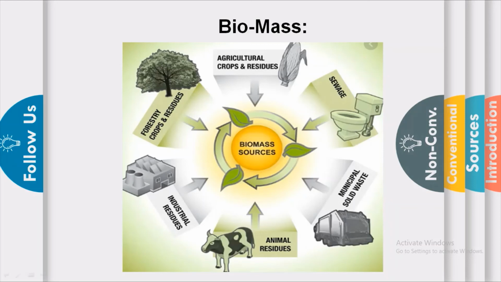Now for better understanding, I have shown this picture. You can see the sources of biomass. You can take agriculture crops and residues, then forest crops and residues, then sewage, then municipal solid waste, animal residues, then industrial residues. So these all are the sources of biomass.